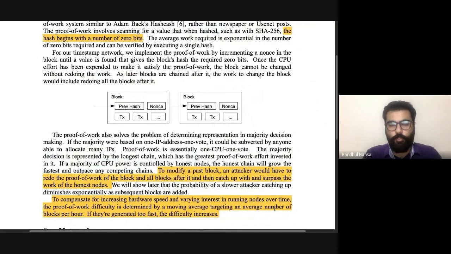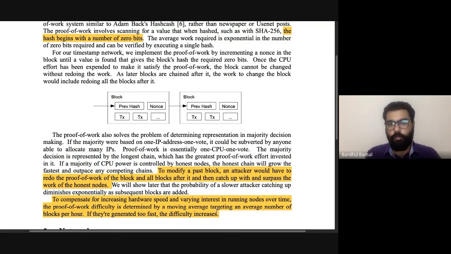As Satoshi says, to compensate for increasing hardware speeds and varying interest in running nodes over time, the proof of work difficulty is determined by a moving average targeting an average number of blocks per hour, right? So to make sure that the hardware speed and the interest of the miners stays upfront, the difficulty to mine a block is readjusted again and again.